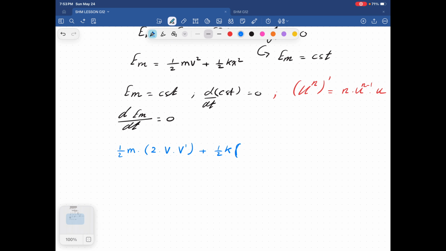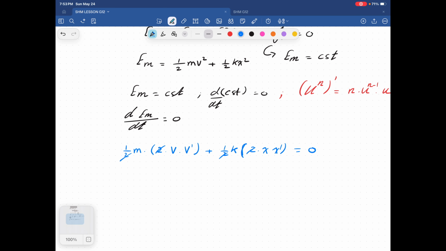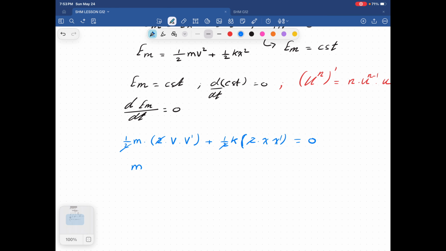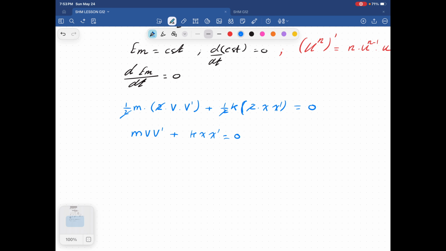And it is 2x x prime with the same logic, equal to 0. Now the 2 cancels. We can now say that m v prime plus kx prime is equal to 0.